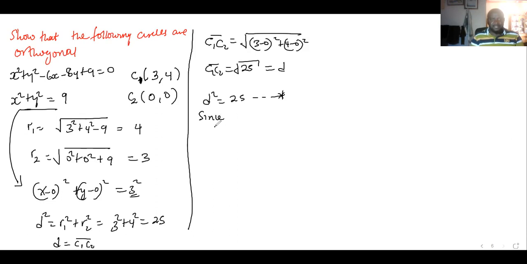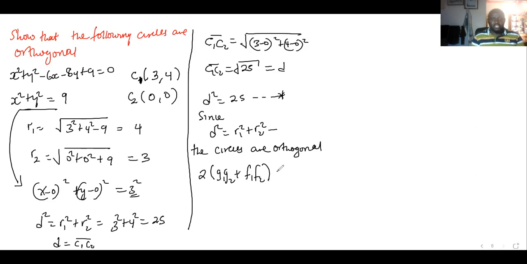Hence, since D squared is equal to R1 squared plus R2 squared, the circles are orthogonal. Should we try out also the other rule? The other rule says twice of G1 G2 plus F1 F2 should give me the sum of the C's in the equations.